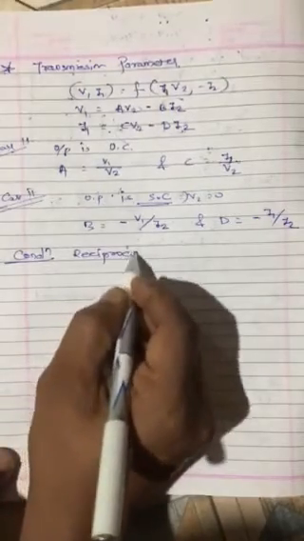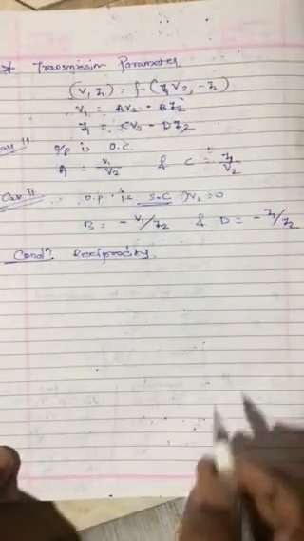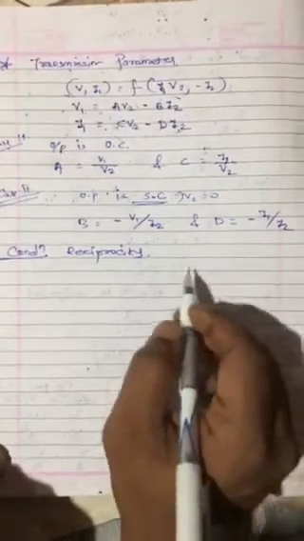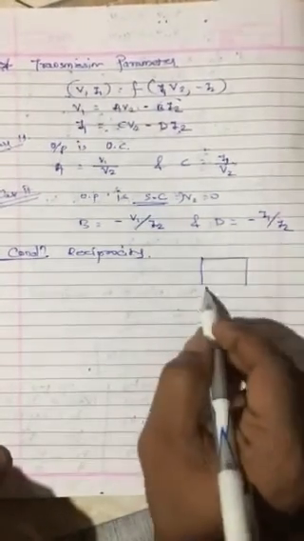Okay, so now we will move to the condition for reciprocity. To find the condition for reciprocity, again you can do it on your own, but let me explain once.